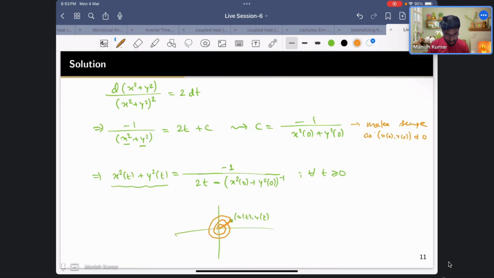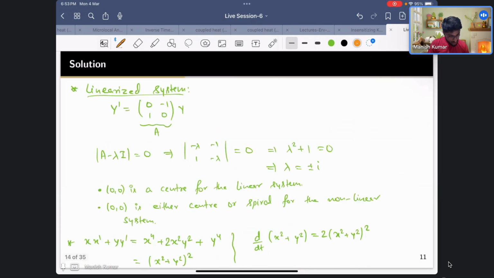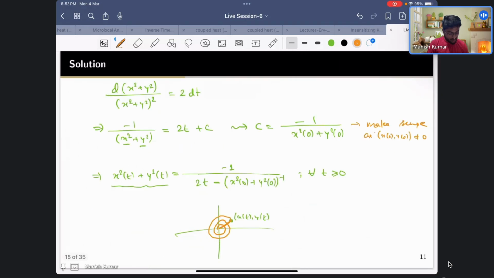Okay, so we can now conclude. From the theorem we say that it can be either a center or a spiral. That's all we have concluded using the theorem. But getting this expression of x square plus y square, what we can say is that this 0 comma 0 is a spiral, and in fact it is stable.